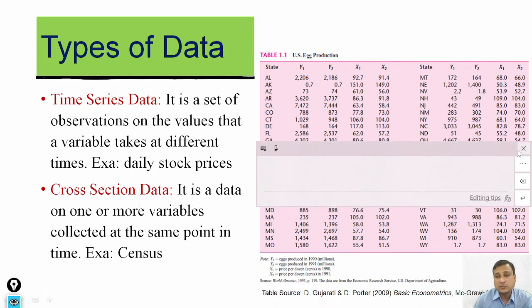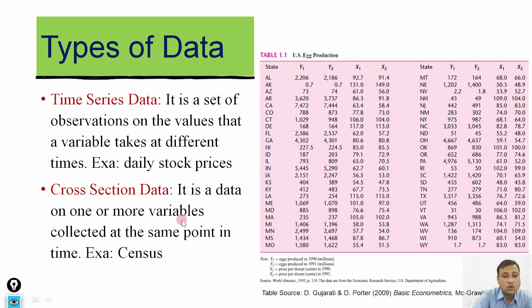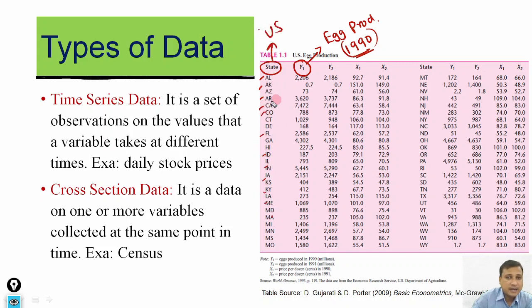Cross section data. What is cross section data? It is data on one or more variables collected at the same point in time. For example, here Y1 is the egg production in a particular year, 1990. This is a single year, and here are the different states of America, US. For different states, how much is the egg production for a particular year, that is 1990.